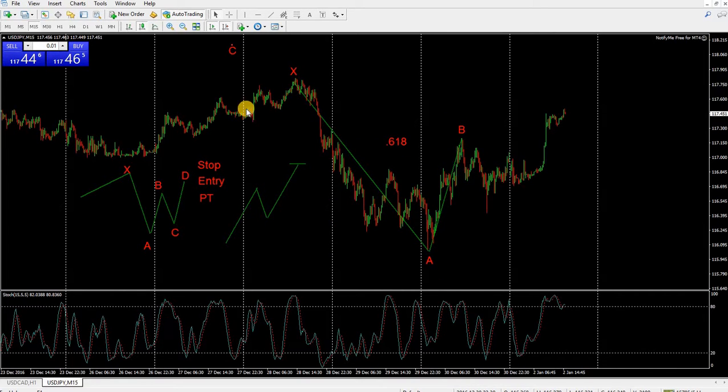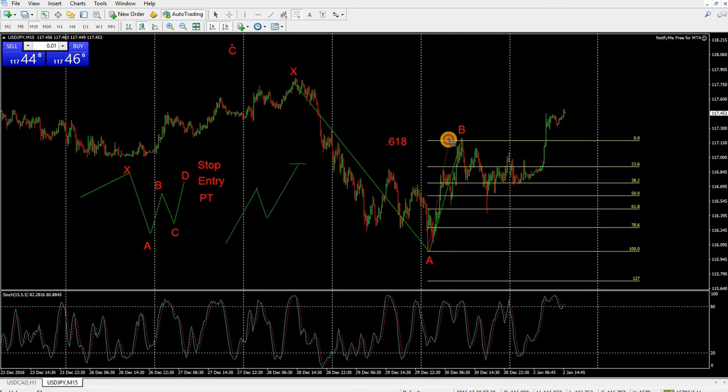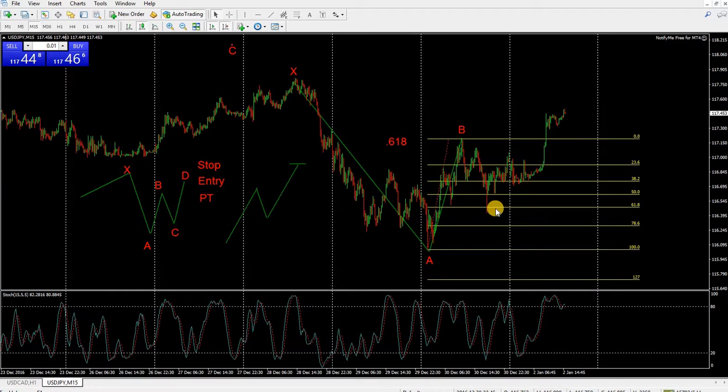So that is 0.618 from there to there. The second leg, or third leg, pardon me, from B to C is, once again, we would throw on our Fibonacci tool, and we're looking for a retracement to 618 again, and that lines up perfectly.